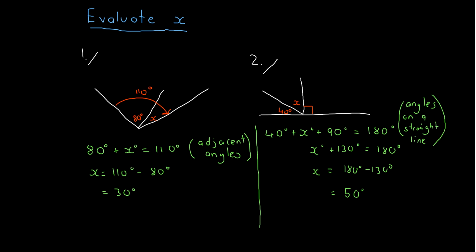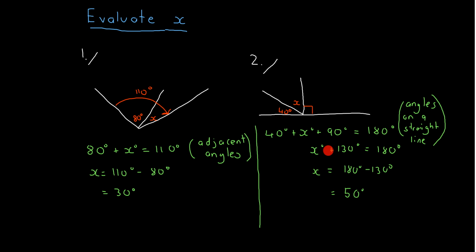For the first one, we go 80 plus x equal to 110, and that's because they're adjacent angles. Angle 80 and x are adjacent, so x is 110 minus 80, which is 30 degrees. The second one, we've got 40 degrees plus x plus 90, because that's 90, equals 180 degrees.